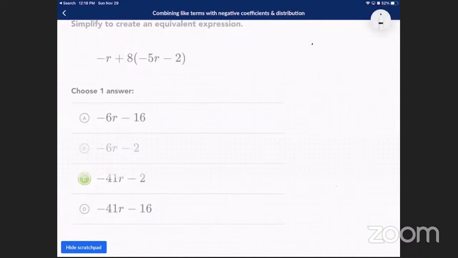So if it's negative plus 8 and it's negative 5r minus 2. This is also PEMDAS, you know, order of operations.